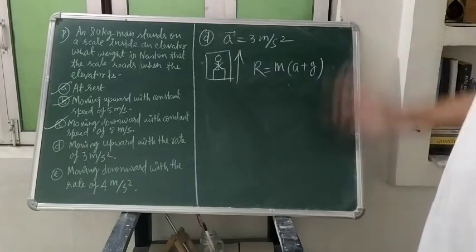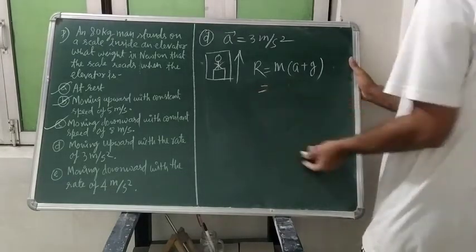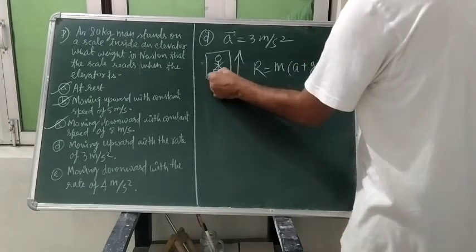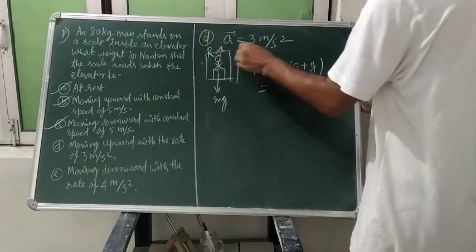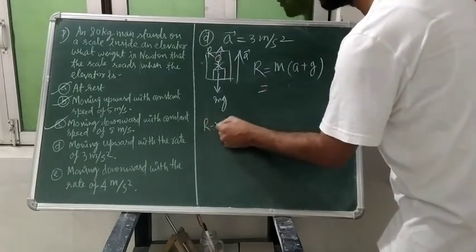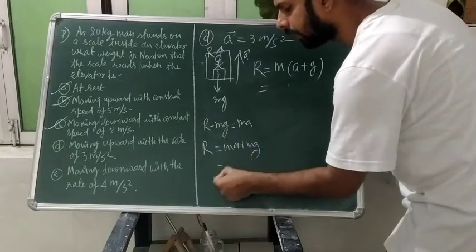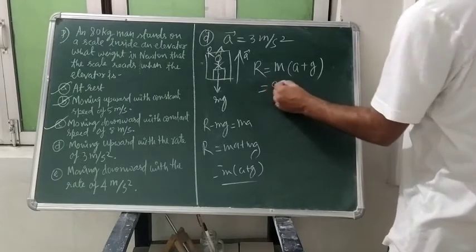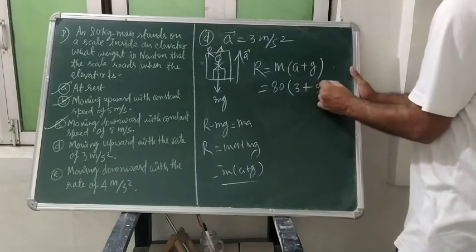In the case when it is moving upward at the rate of A, R will become M times A plus G. You have to visualize the situation: Mg will act downward, reaction will go up, and acceleration is upward. So by applying Newton's law, taking R as positive, R minus Mg should be equal to M times A. R will come out as Ma plus Mg. Taking M common, it becomes M times A plus G. So M is 80, A is 3 meter per second square, and G is 9.8.